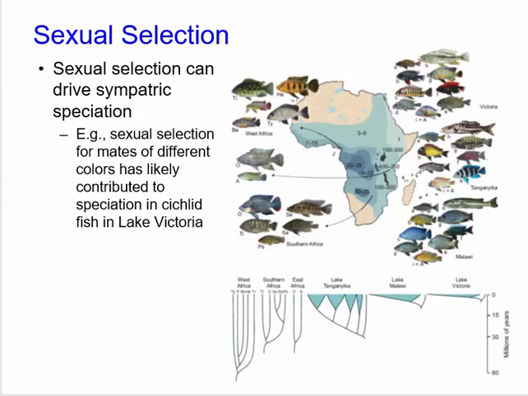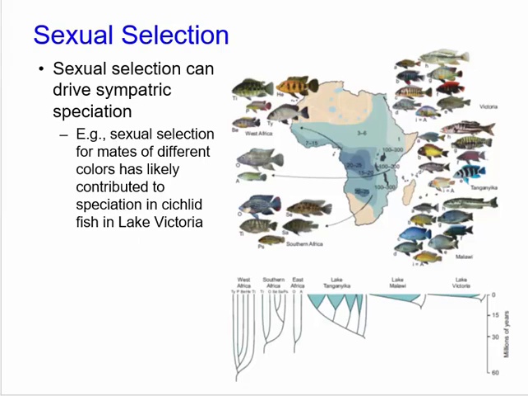All right, the other way that we can see sympatric speciation happen is through sexual selection. Here we have mate choice really driving differentiation between species. A great example of this is cichlid fishes in the Great Lakes of Africa, specifically Lake Victoria.